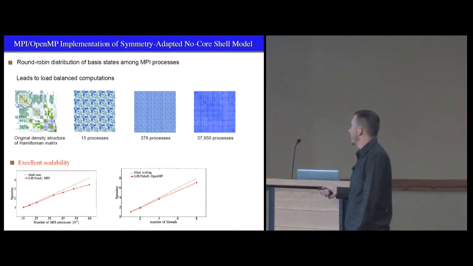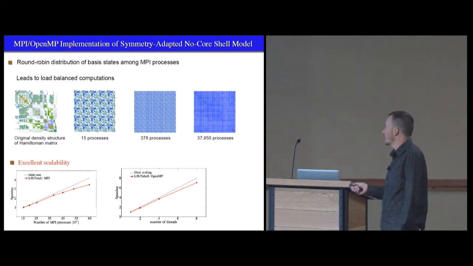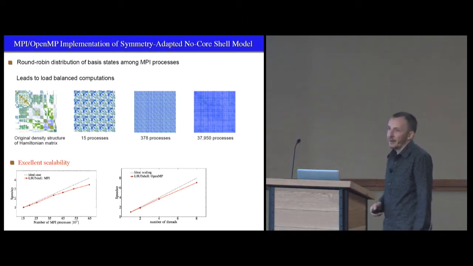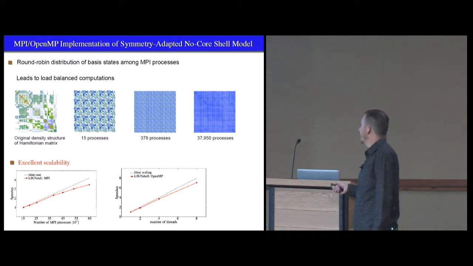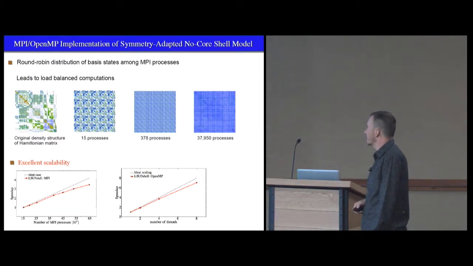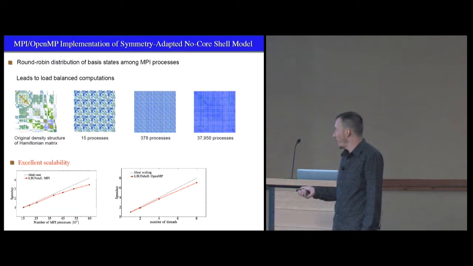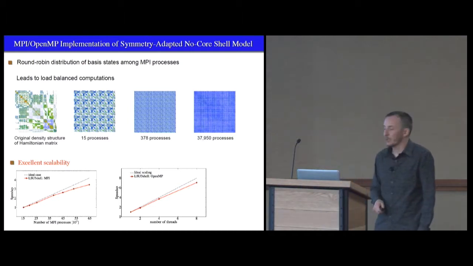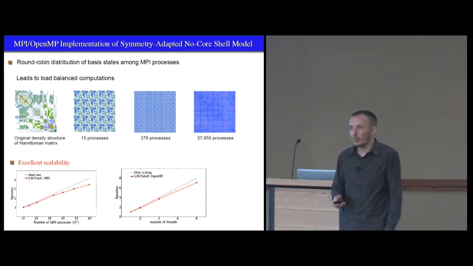This is the structure of the original matrix. If you use multiple processes, you see that now the blocks are fairly the same. They look very similar. They have the same number of non-zero matrix elements, and that leads to load-balanced computations. Our codes also have good scalability in terms of MPI processes and OpenMP threads.